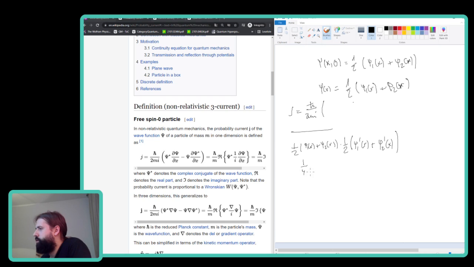let's just do that, and then we have these things, like psi 1 times psi 1 derivative plus psi 1 times psi 2 derivative. Okay, and then we have the psi 2 of r times psi 1 derivative, and that's tedious, but let's see.